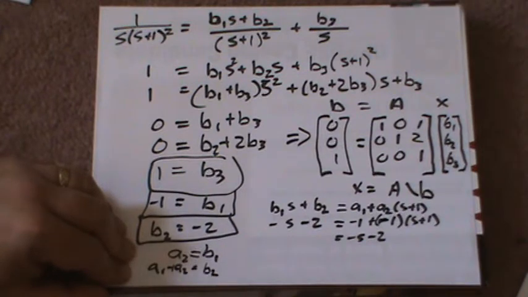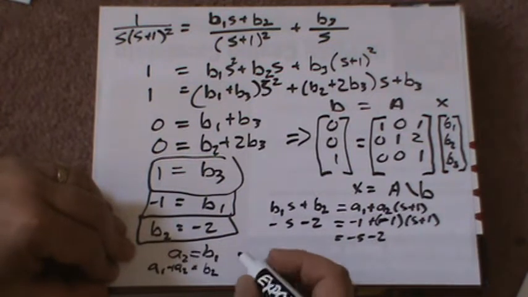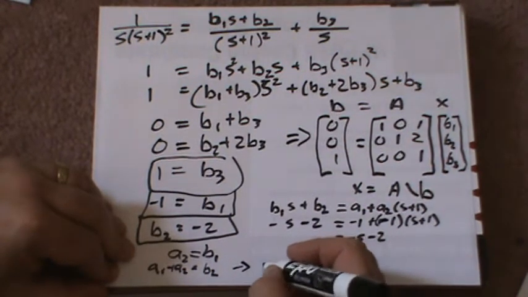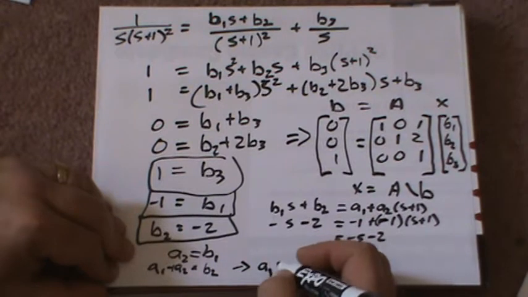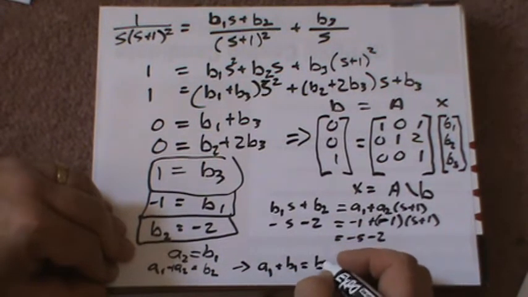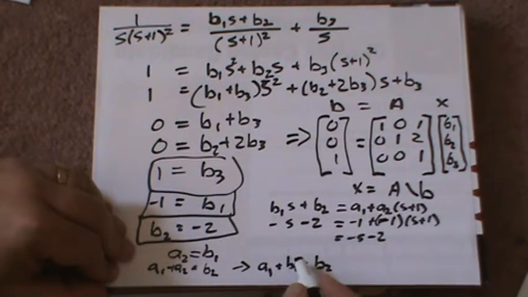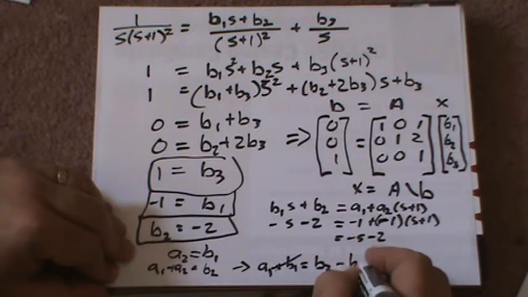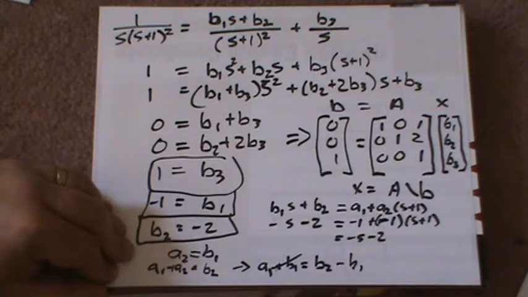So when I solve for my b2 over here, since a2 is b1, I could use both of these equations to get a converting equation, and I can find out that a1 plus b1 has to equal b2, which means a1 is equal to b2 minus b1. And b2 is minus 2.